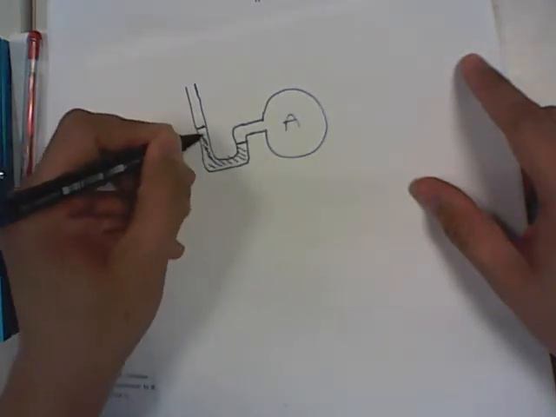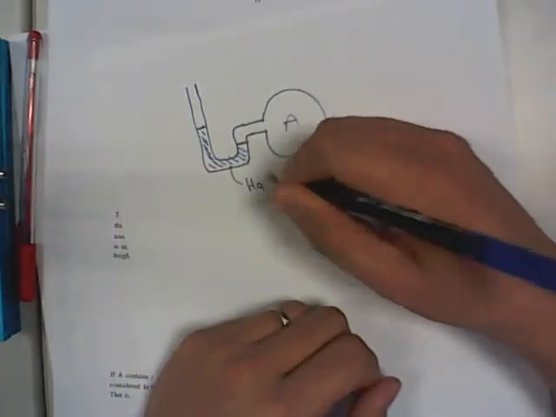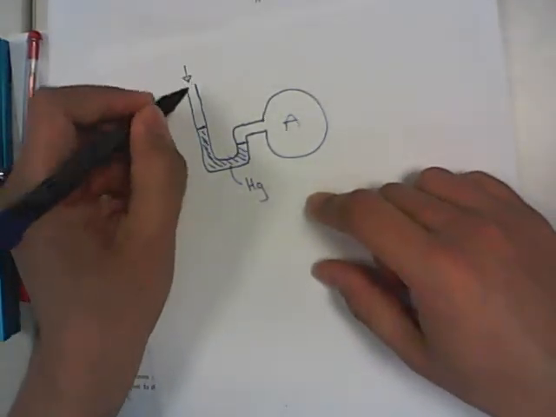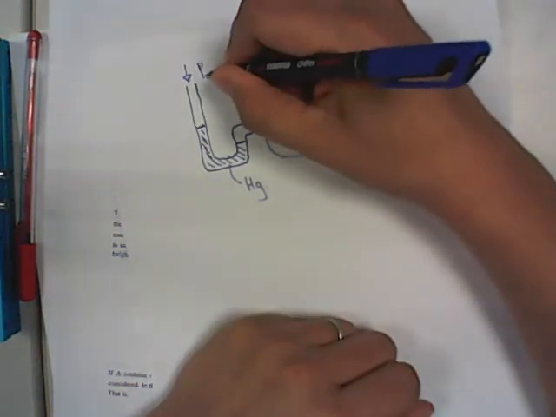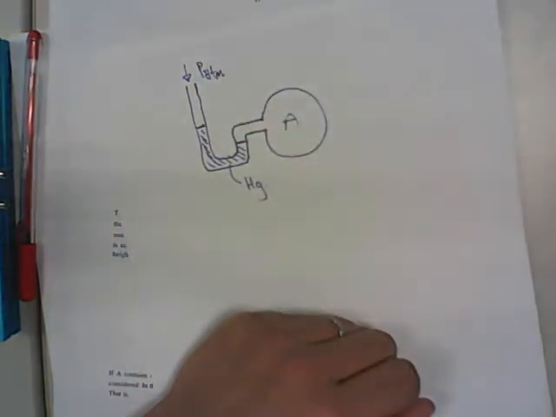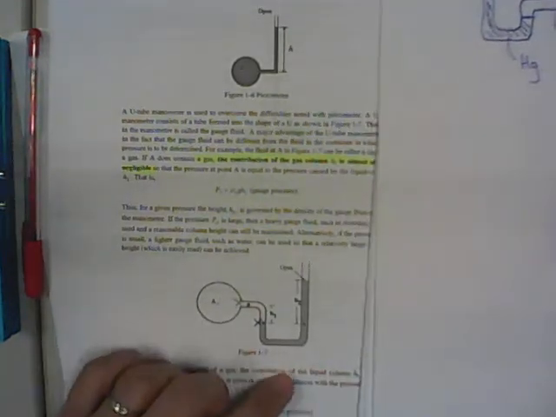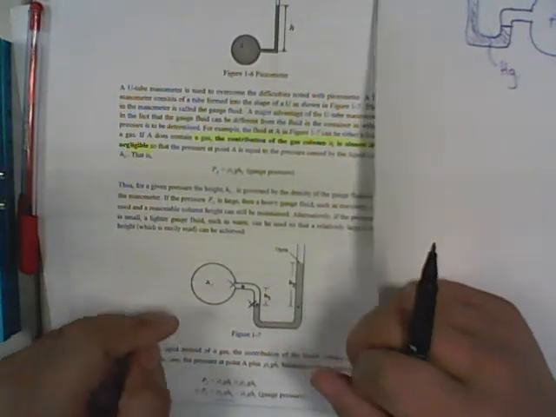A lot of U-tube manometers use mercury as the measuring fluid, and this sometimes is exposed to air. Let's say it's exposed to atmosphere, so you have your atmospheric pressure over here. And this is exactly the same as figure 1-7.